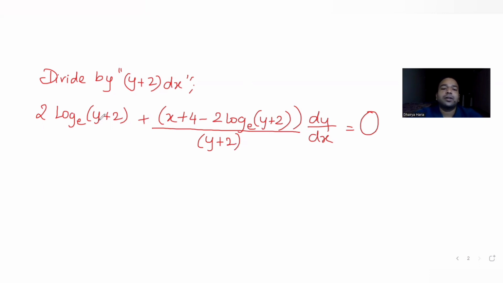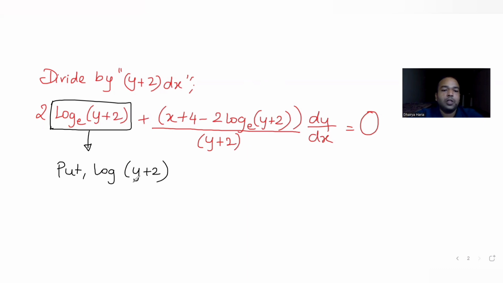Now I can substitute: put log_e(y + 2) equal to t.